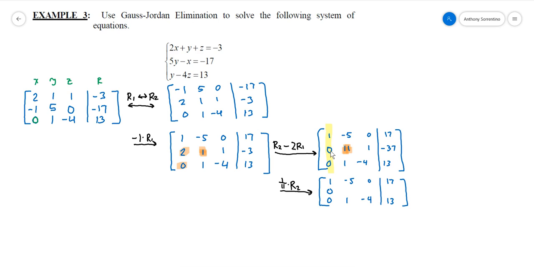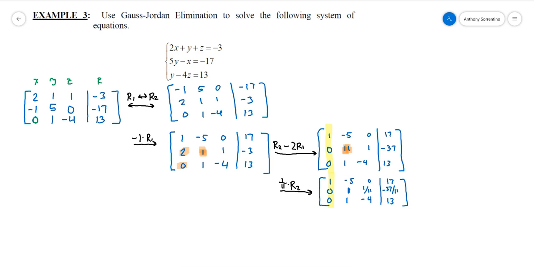So notice again, my column of 1s and 0s has remained unaltered. 11 times 1/11 is going to give me the 1 I want. 1 times 1/11 is going to give me 1 over 11. -37 times 1/11 is going to give me -37 over 11. And in many cases, you are going to get some pretty gnarly fractions along the way.